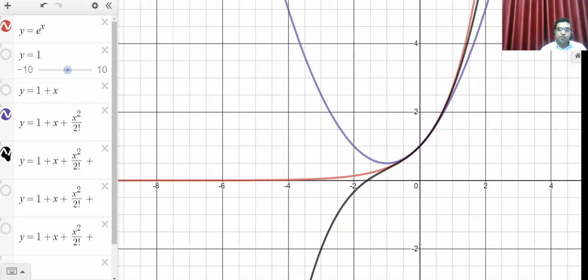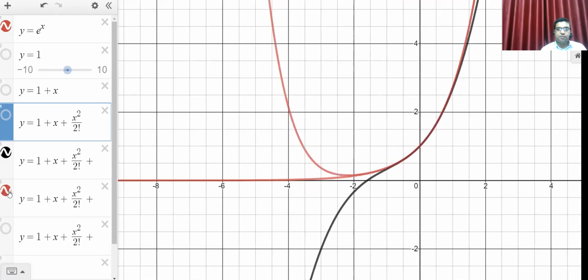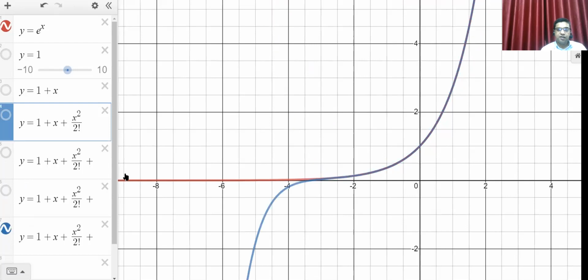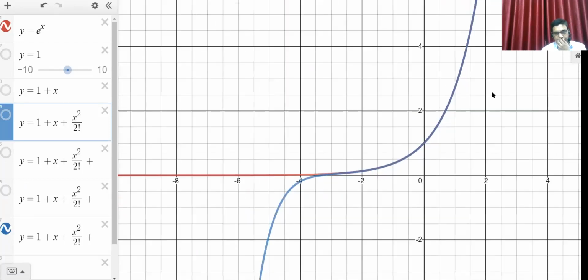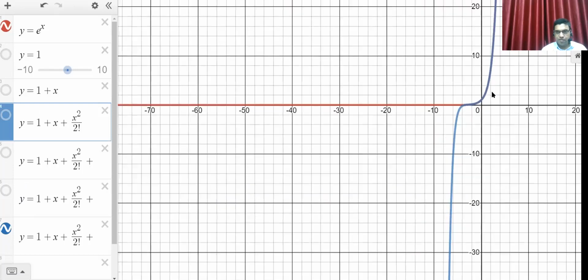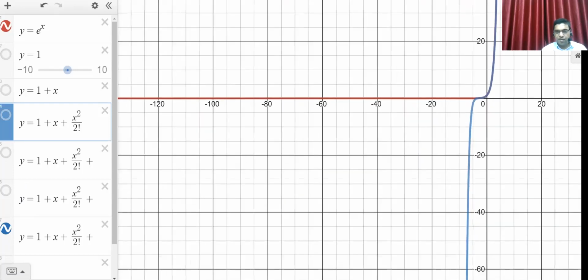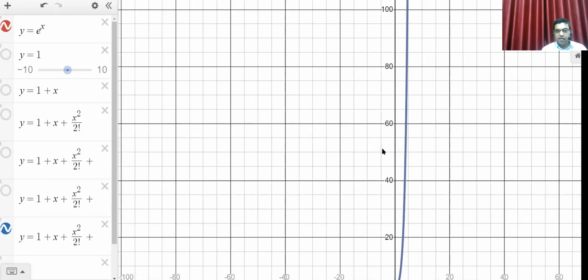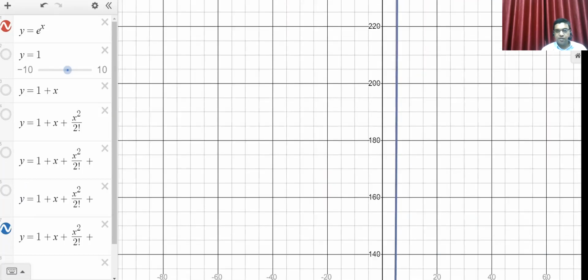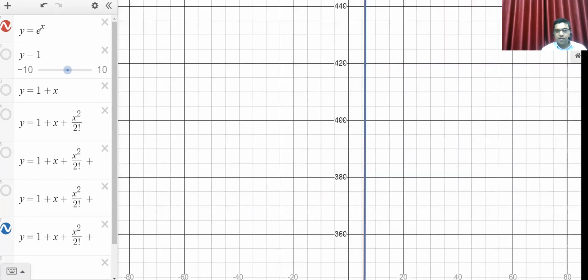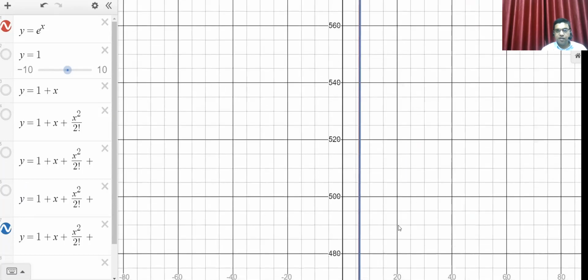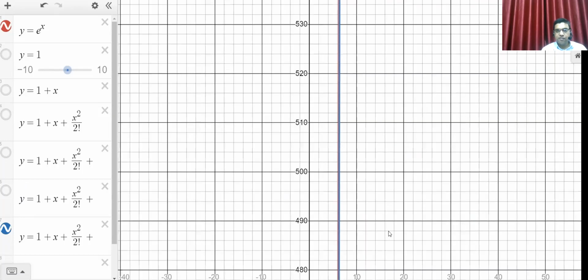Then go to more terms, you get an overlap. More terms, you get an overlap. And finally, you see, so much overlap. Practically, the overlap is, let us see where it is. Practically on the right side, you just can't make a difference.